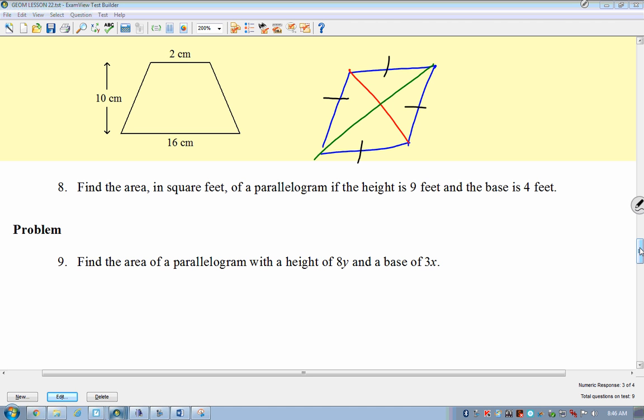Let's say that that's 6. This is 8, just so we're familiar. What do I do to solve the area of that rhombus? 6 times 8 divided by 2. Okay, what is it? 24 units squared. Okay, should be pretty easy.